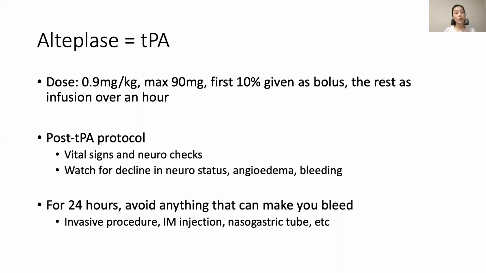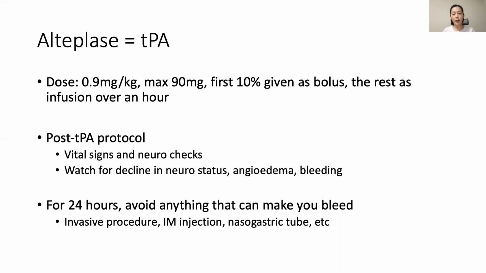And that is to really closely monitor the patient in case there is a decline in neurostatus or angioedema or bleeding. And for the first 24 hours after TPA, you want to avoid anything that can make a patient bleed, basically invasive procedures, intramuscular injections, nasogastric tube if possible, to try to minimize the risk of bleeding either in the head or elsewhere in the body.